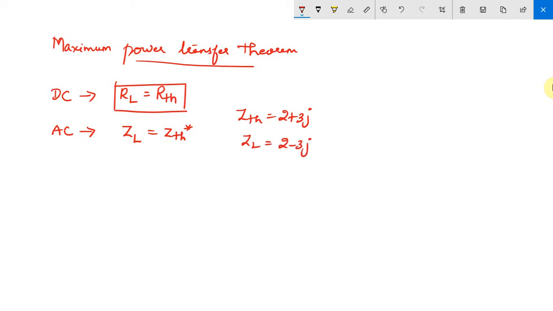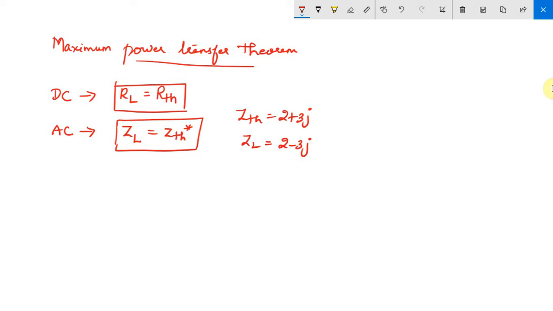You have to interchange the sign of the imaginary part, and that we call the complex conjugate. So the condition for an AC circuit is that load impedance should be equal to ZTH star, where ZTH star is the complex conjugate of your Thevenin's impedance.